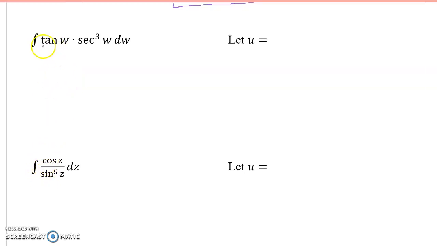They flip around. But over here, tangent doesn't differentiate to secant, and secant doesn't differentiate to tangent. So make sure you're using those derivative rules wisely. So we might need to save a secant over here with the tangent because the derivative of secant is secant tangent.